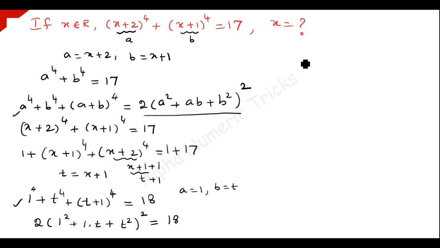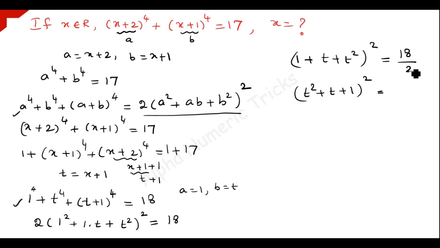Or you have (1 + t + t^2) the whole squared is equal to 18 over 2. This 2 is taken to the right-hand side. So we have (t^2 + t + 1) the whole squared is equal to 9. Isn't it? That is, 9 times 2 is 18.